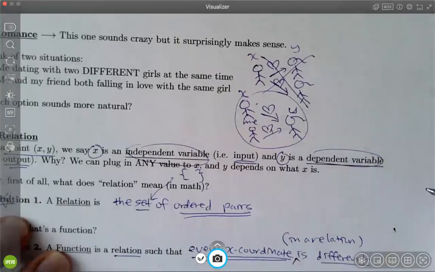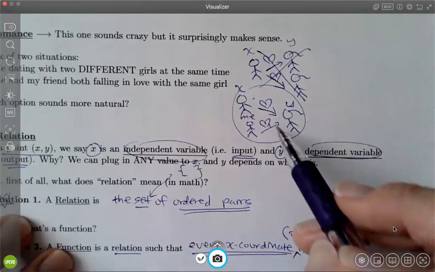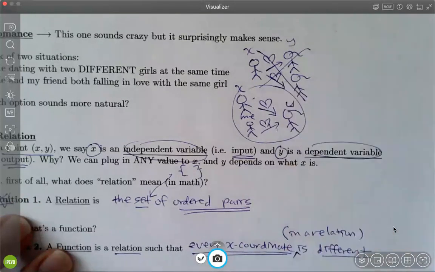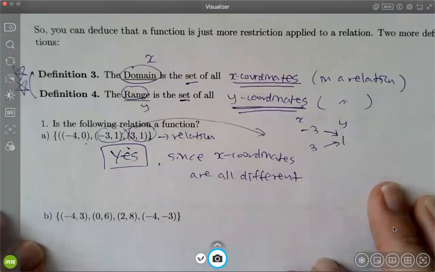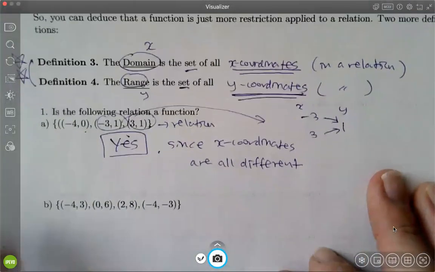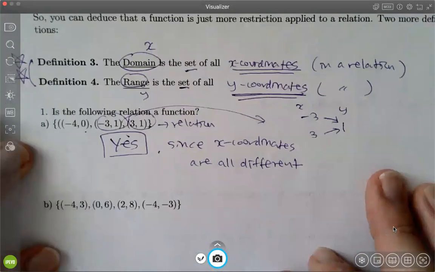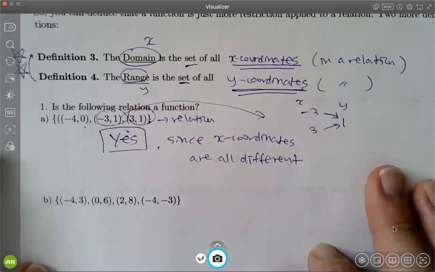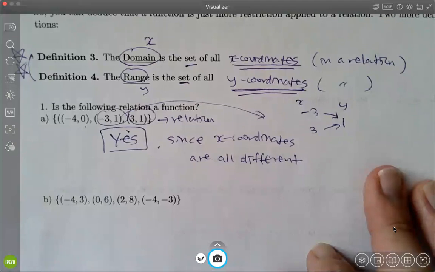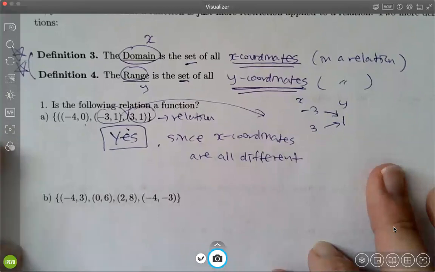So remember, this is okay, but this is not. So yes, the same y coordinates do not affect the function. Now, the second relation, is this a function? Which two points cause trouble for being a function?